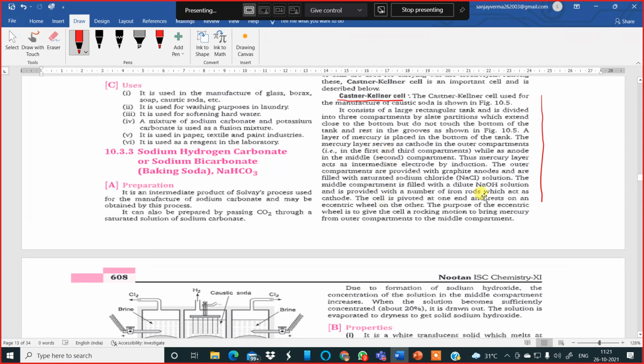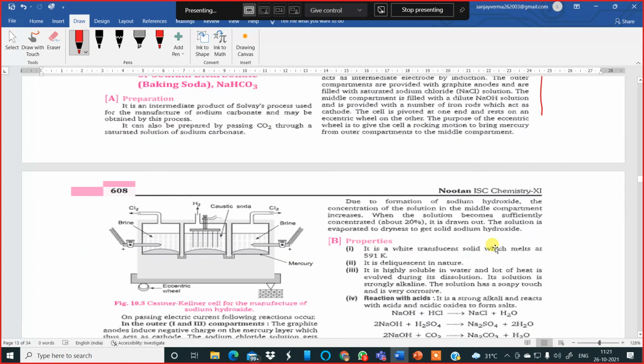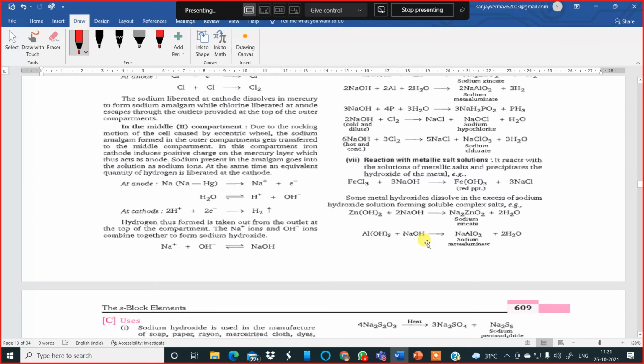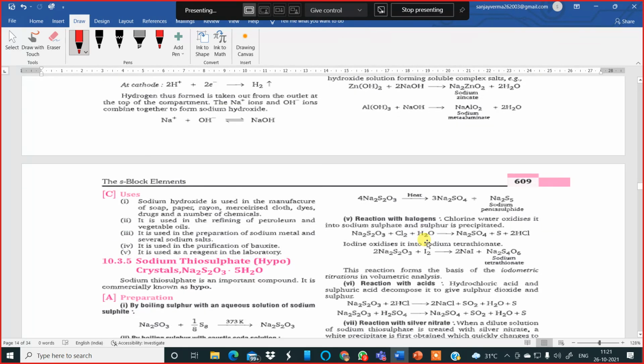The main principle is passing direct electric current through sodium chloride brine solution, and because of the reactions between the amalgam and the water, we prepare caustic soda. Properties are not required. Uses only; the uses of sodium hydroxide are here.